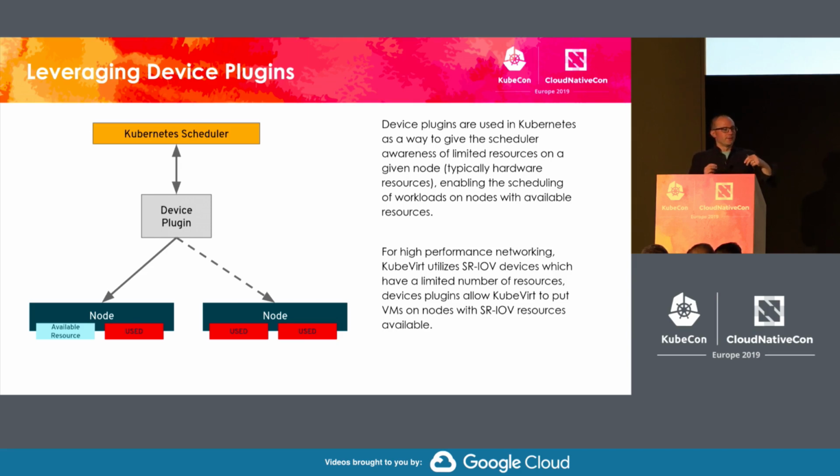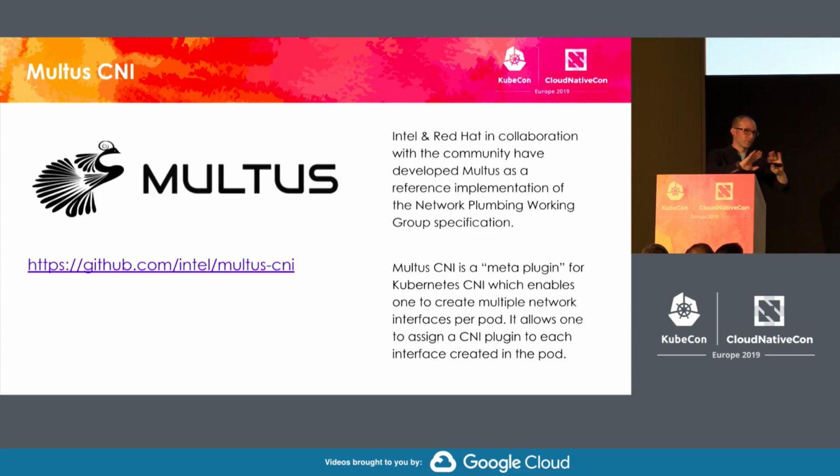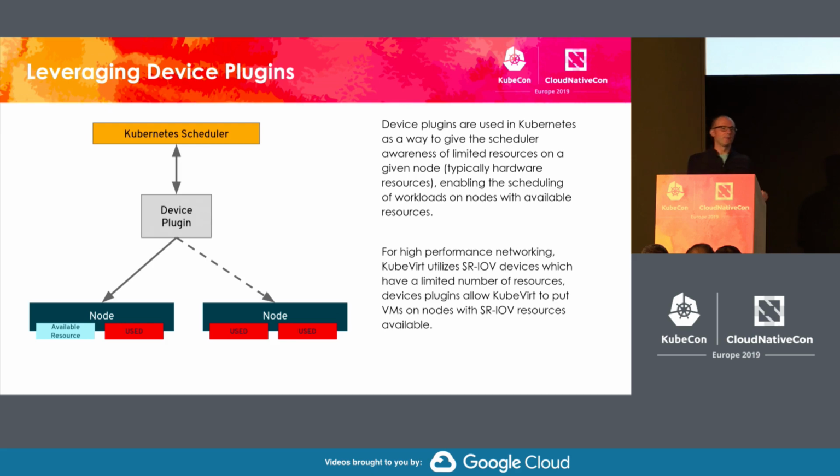So you go and create your VM, it's in a pod, it uses an SR-IOV interface, and the device plugin lets the Kubernetes scheduler know, hey, this resource has been used up. So that way, this works at scale. So you schedule workloads on a node until it's full, then the Kubernetes scheduler is told by the device plugin, hey, this node is full, don't schedule any more pods here.